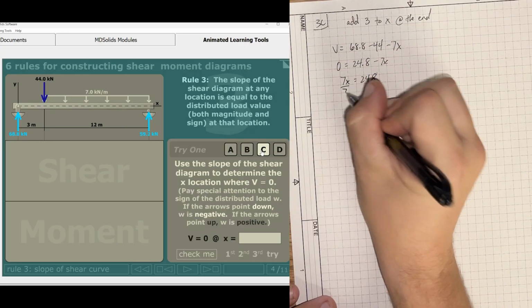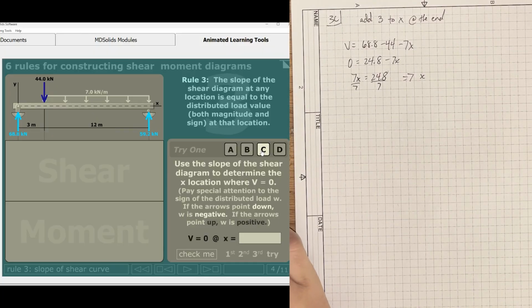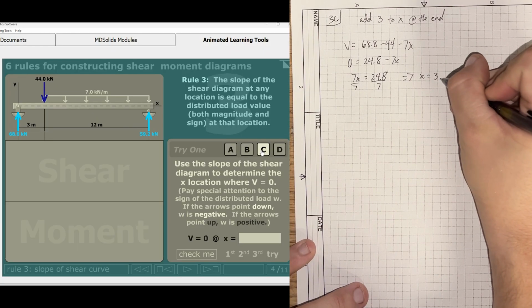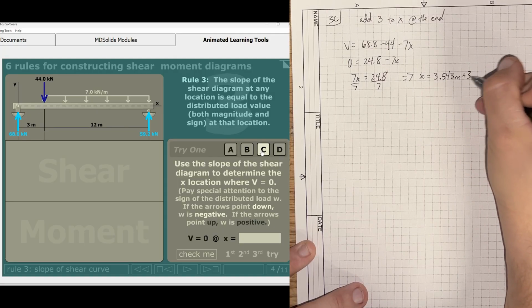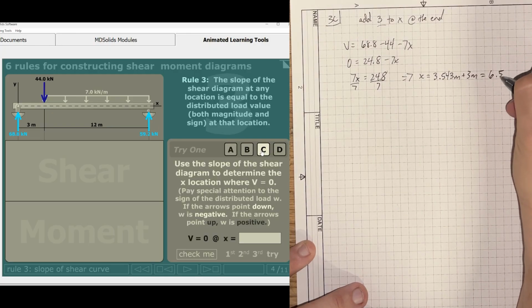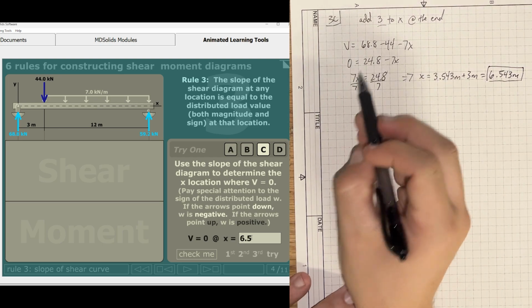Then divide both sides by 7. x is then equal to 3.543 meters plus 3 meters, because we said we've got to add 3 to the end. So that's going to give us 6.543 meters, and that's where V is going to be equal to 0.